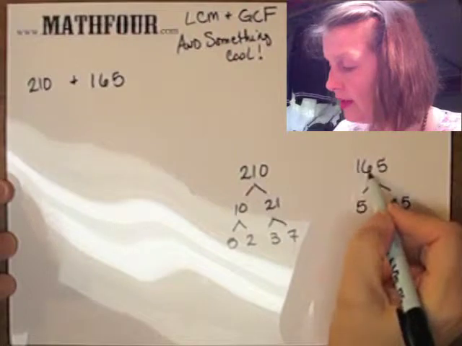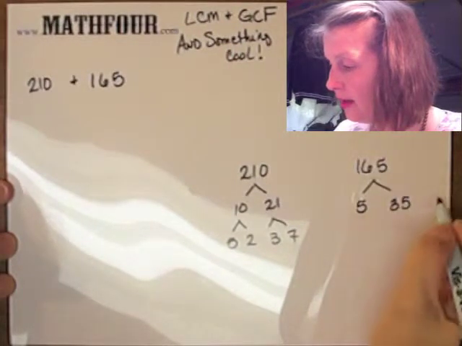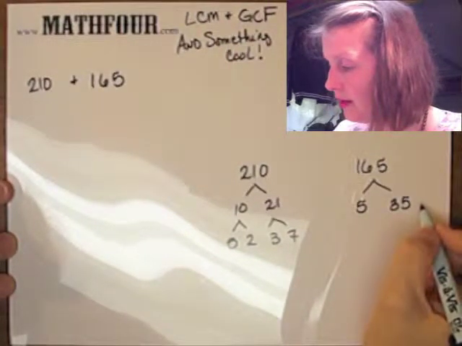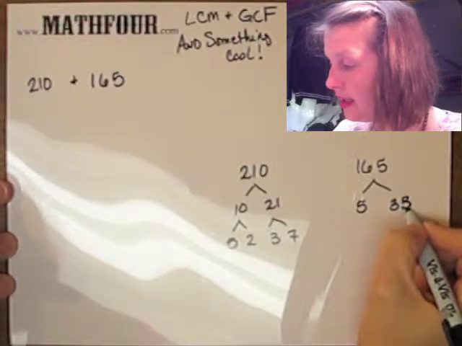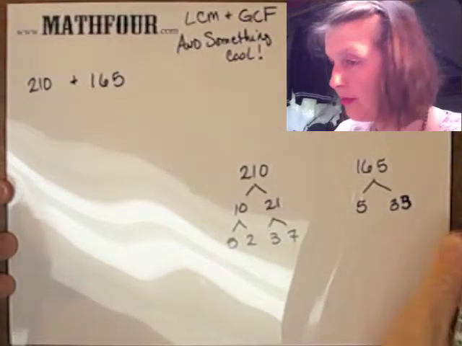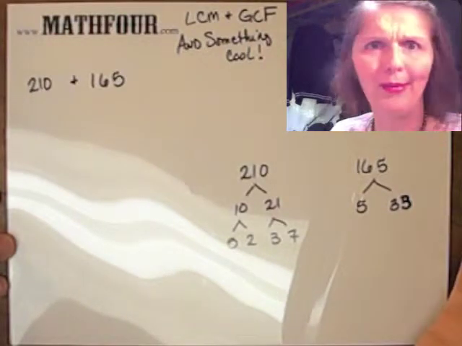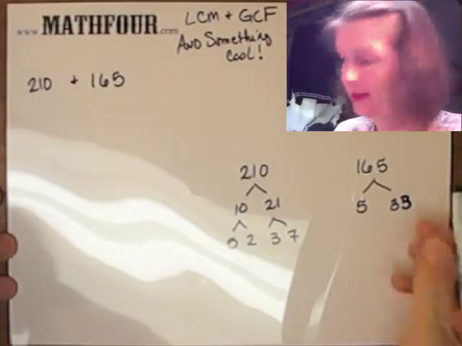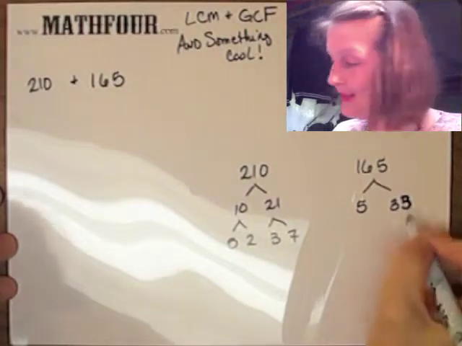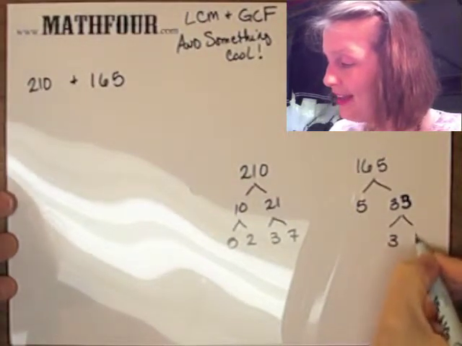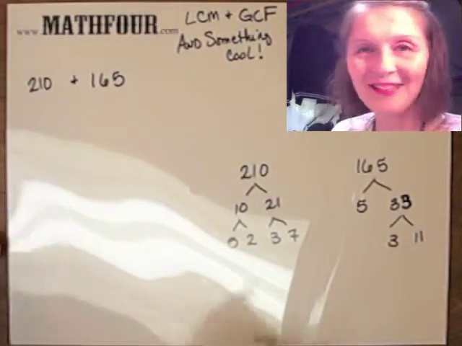No. 5 goes into it 33 times. I was wondering because I previously had factored this and I needed an 11. How am I going to get 11 out of 35? I don't know. Okay, so 33, that makes more sense. So this is 3, and there's my 11 that I planned.